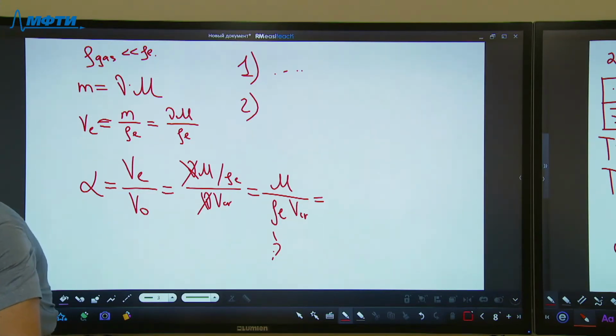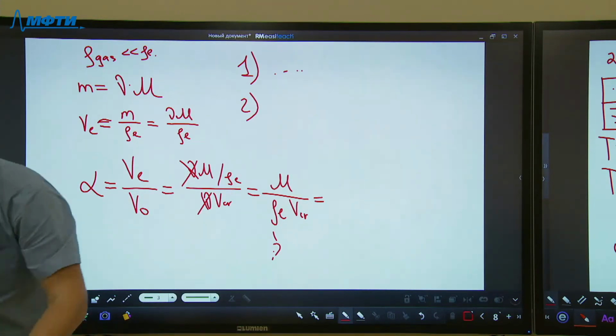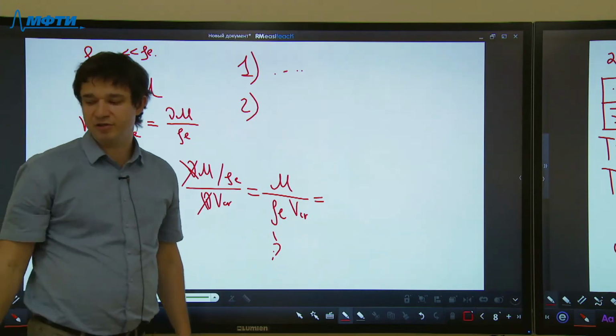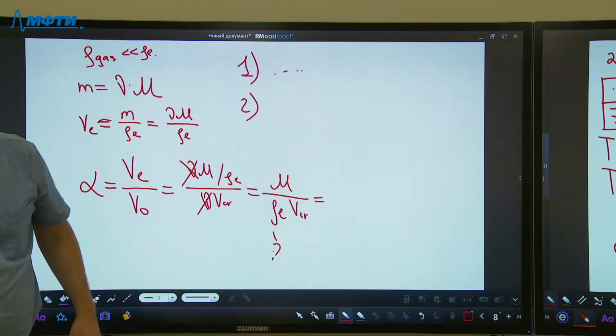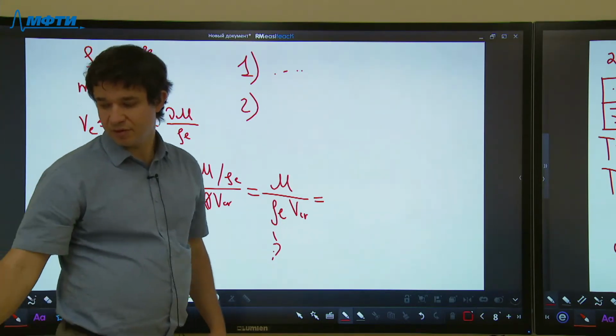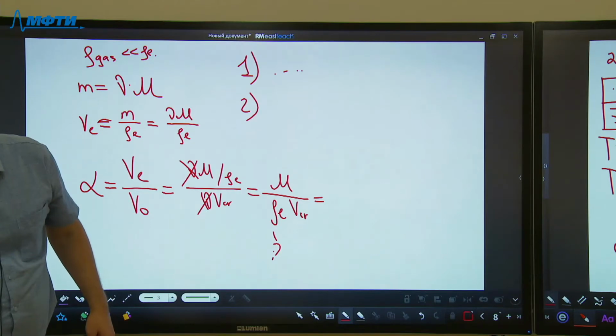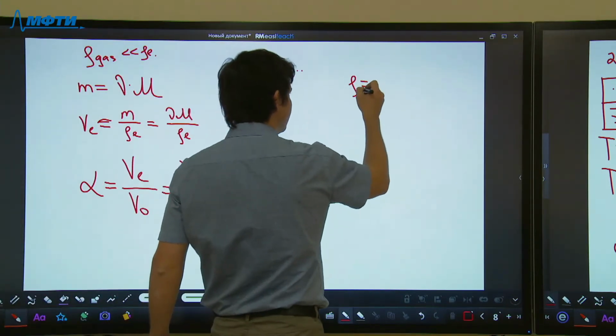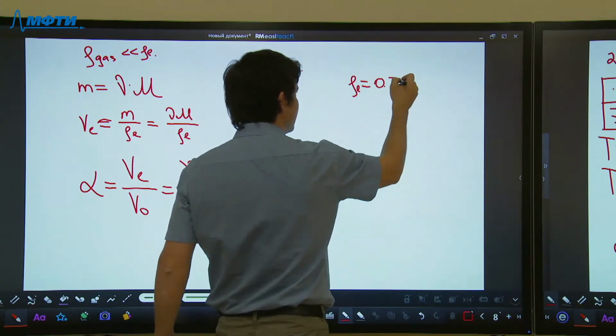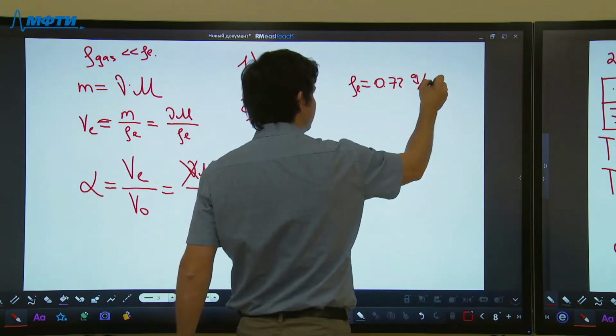Oh, we have it on the page, probably. On page 374, we have the desired density of ether, which is 0.72 grams per cubic centimeter. So now I can say that rho liquid is 0.72 grams per cubic centimeter.